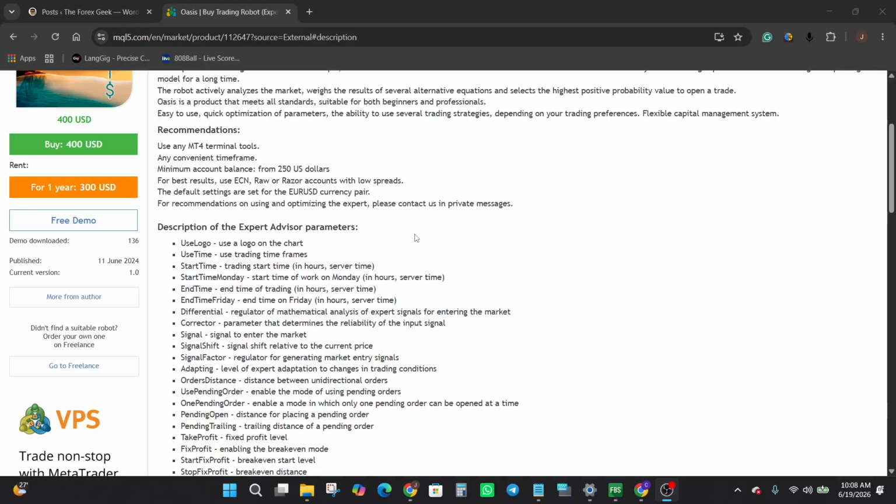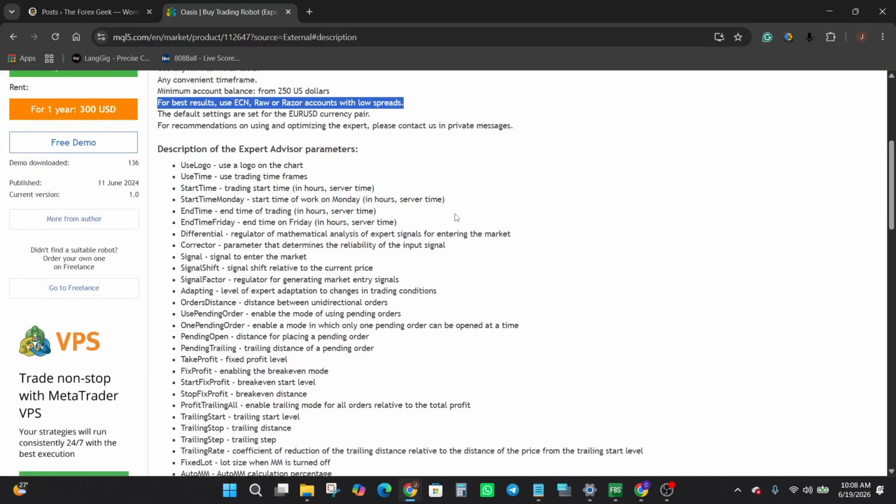The default settings are configured for Euro USD, and the recommended minimum account balance is $250. For trading conditions, the developer suggests using ECN, RAW, or Razor accounts with low spreads.